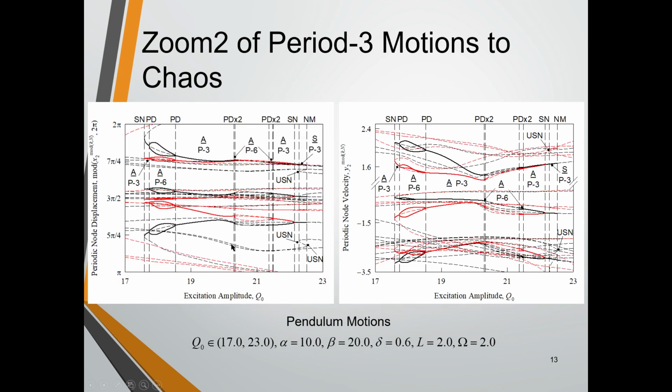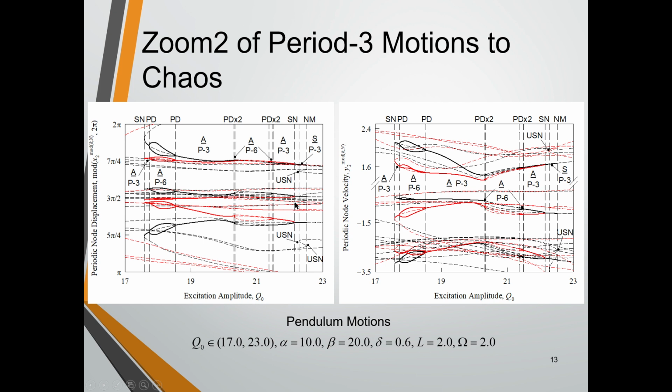Now here is another zoom in of another section of the same bifurcation tree. The range is from 17 to 23. In here, you can see another branch of asymmetric motions. This asymmetric motion is introduced by a saddle node bifurcation at this point right here.